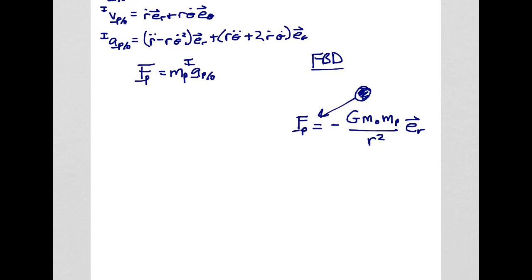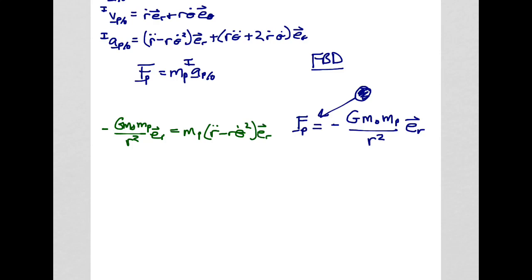So let's plug all this into Newton's second law, and we'll get negative G mo mp divided by r squared in the ER direction is equal to the mass of point P multiplied by the acceleration, which is r double dot minus r theta dot squared in the ER direction.